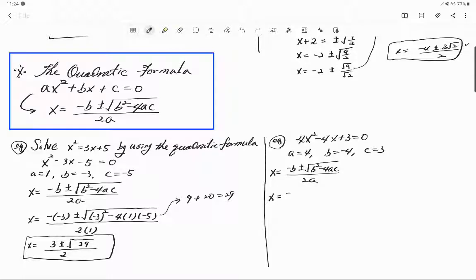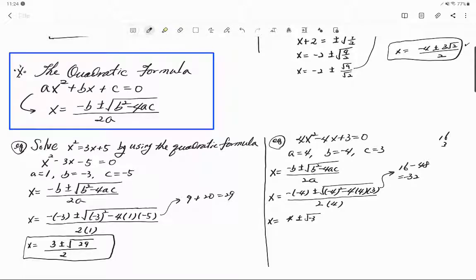Negative b is negative 4 plus or minus square root of negative 4 squared minus 4ac over 2a. So x equals 4 plus or minus square root of, okay, this one is 4 times 4 is 16, and minus 16 times 3, 48. So that is equal to negative 32, right?